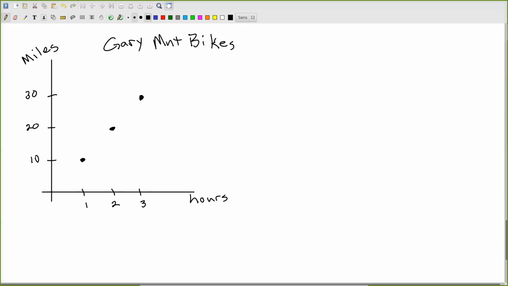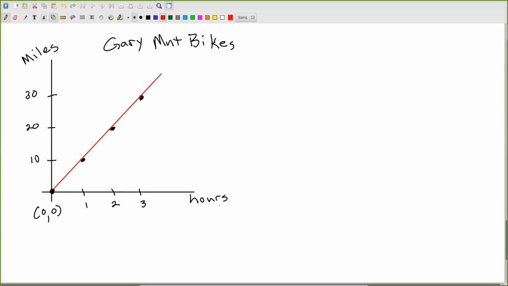And if I spend no time biking, I got no distance. So I got a point over here at 0, 0, if I wrote it as a point. And so let's pick a new color. The cool thing about this, if my speed stays at 10 miles per hour, then I should get this nice straight line through those points.